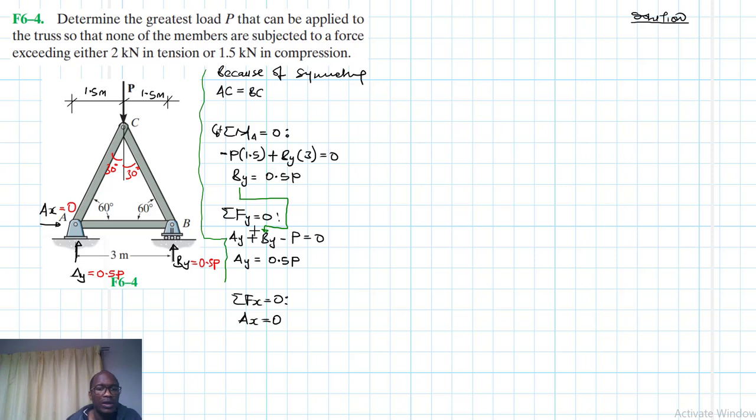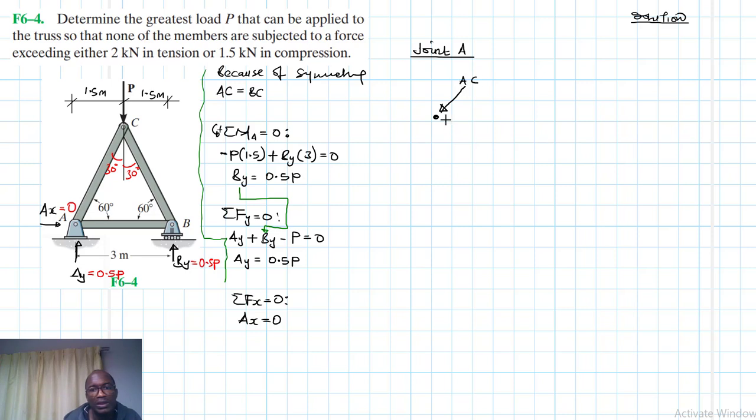Right. So having found the support reactions, let's now find the member forces, and state whether they're in compression or not, and then apply these two cases. So let's go to joint A. We just need one joint, because once we've found AC, then we'll know what BC is. Just one joint is enough. Okay, joint A. So let's say here we have compression.